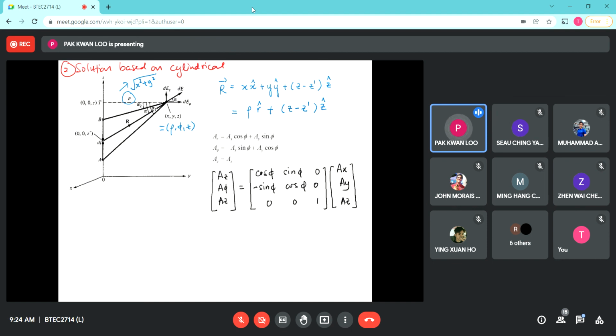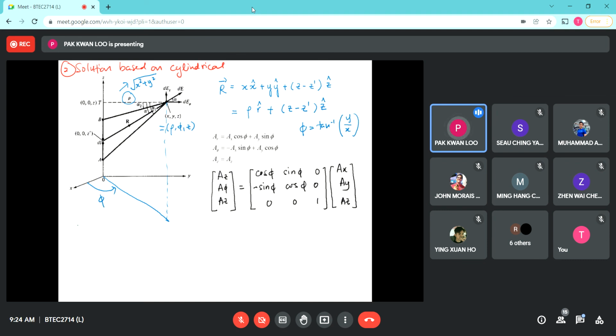And phi, what is phi then? Phi is actually arctangent. Based on our coordinates, phi is y over x, right? If we drop down this point at this point here, this is phi.